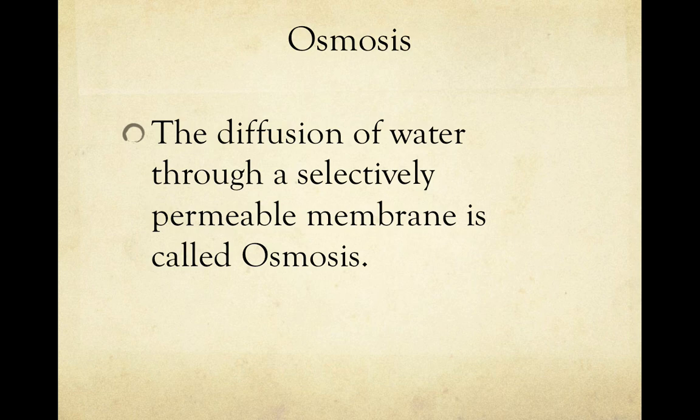Remember, diffusion of water. Well, remember diffusion from the last screencast we looked at. Diffusion was the movement of particles from a highly concentrated area to a low concentration area.